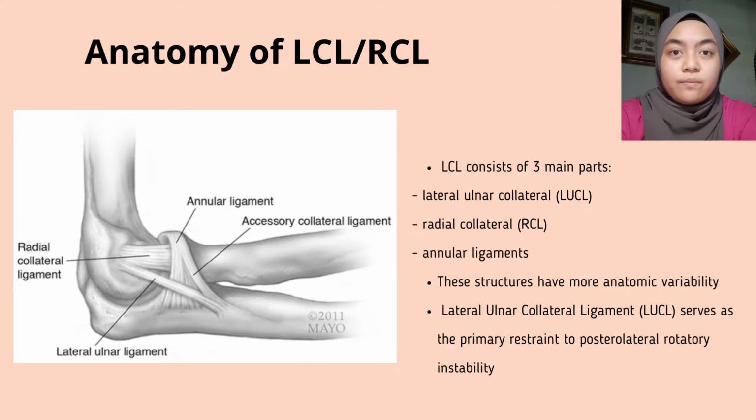These structures have more anatomic variability and are sometimes difficult to distinguish compared to their medial counterpart. The LUCL serves as the primary restraint to posterolateral rotatory instability. Overall, the LCL complex remains taut throughout the range of motion of elbow flexion and extension.